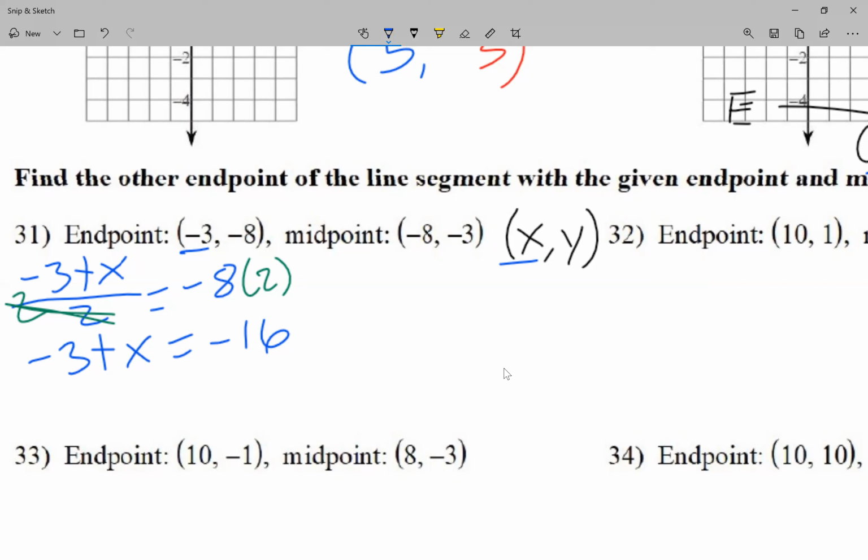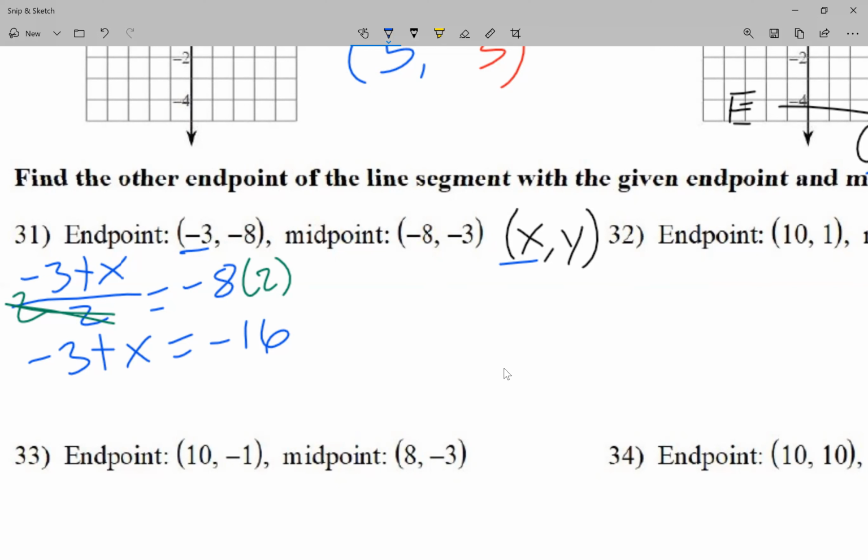I want the x by itself, so that negative 3, I want to get rid of it. I can move it to the other side. The only thing is, whenever you move it from one side to the other side of the equal sign, you've got to switch the sign. Your algebra teacher emphasized opposite operations a lot.